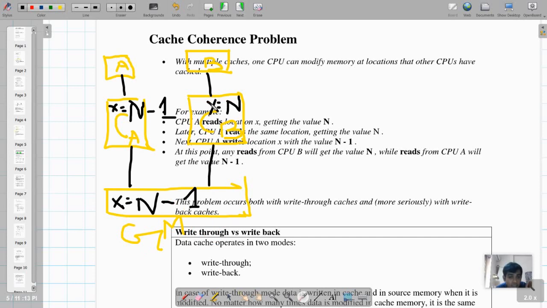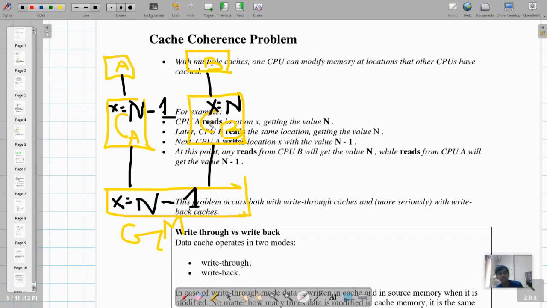Because at that time there will be a cache hit, because this X data is already available in the cache local to processor B. But the problem is the data in processor B is an old one. The value of X has not been updated into the cache CB, although it has been updated into the general purpose main memory. So you can see that the data here are not coherent, right?